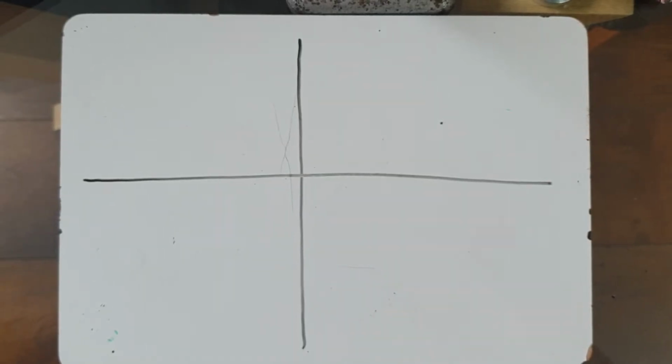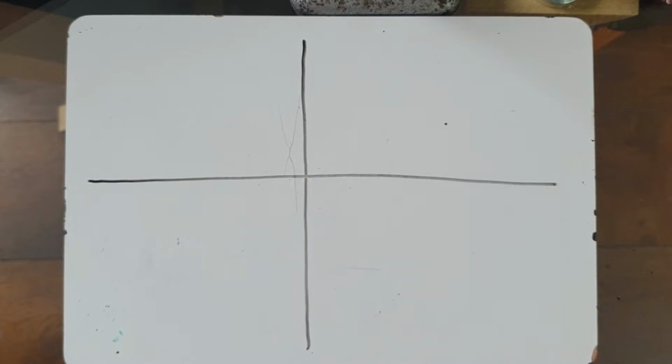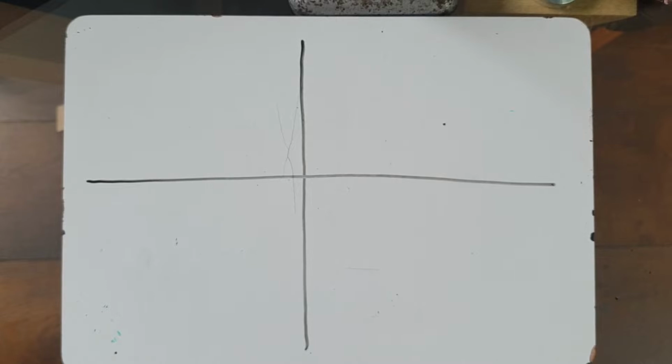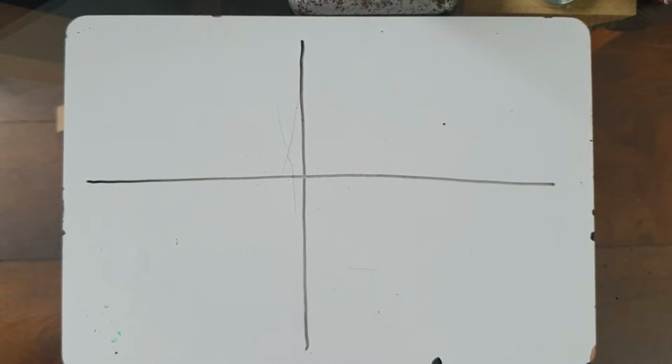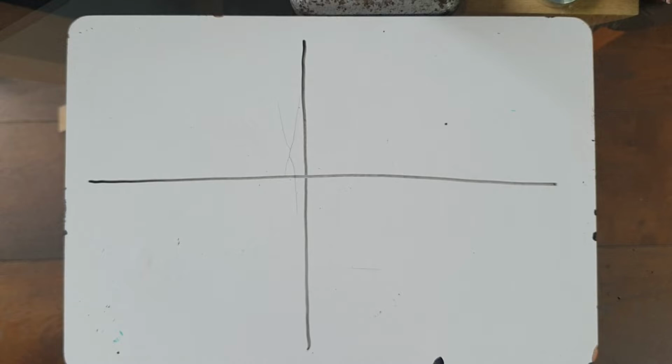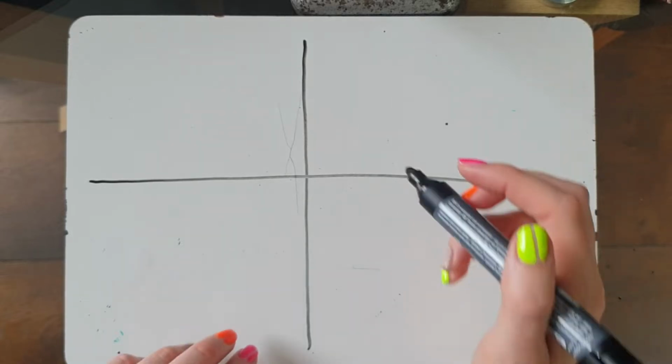and I'm going to draw it. So it's very similar to the sine graph. It actually looks exactly like the sine graph but shifted over by negative 90 degrees or positive 270 degrees.